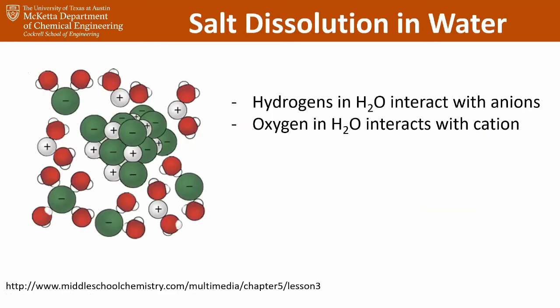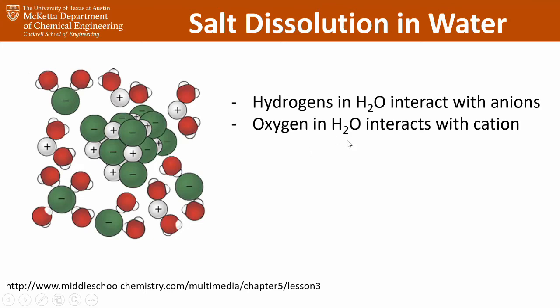So we all have a very good understanding of how salts dissolve in water, from middle school chemistry, right? We know that, for instance, with sodium chloride, the hydrogens in the water interact with the chloride anions.